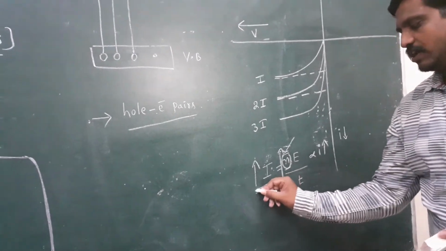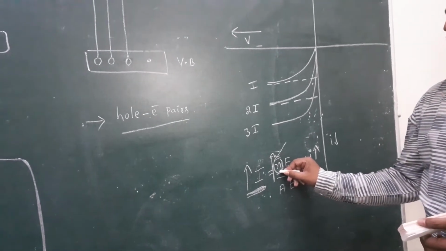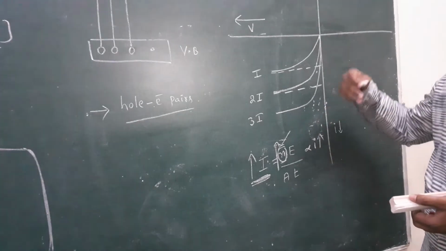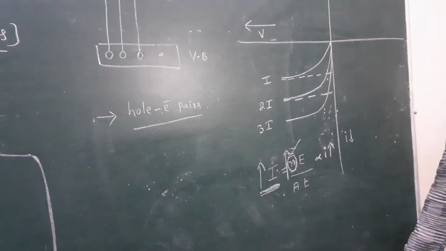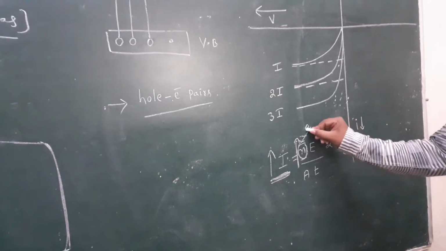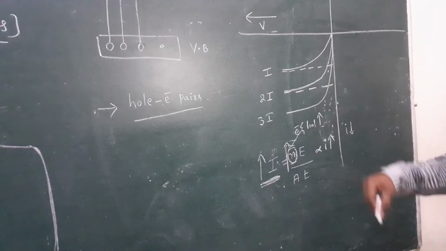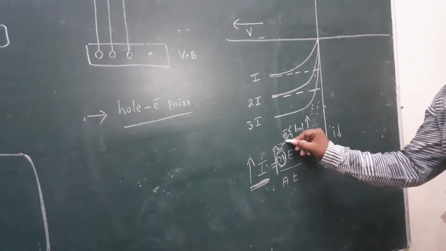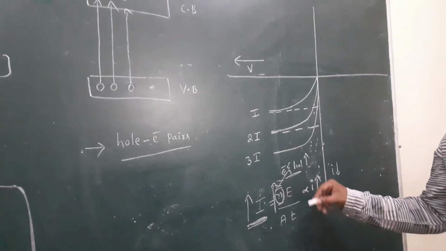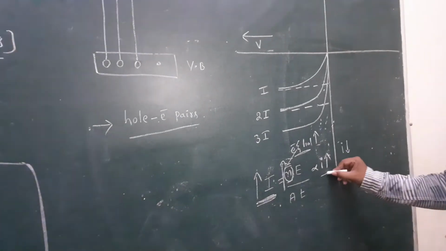As intensity of light increases, automatically the number of photons increases. That means more electrons reach the conduction band, and automatically more holes are created in the valency band. So more electron-hole pairs are created. Pairs are nothing but charge, so current flow increases.